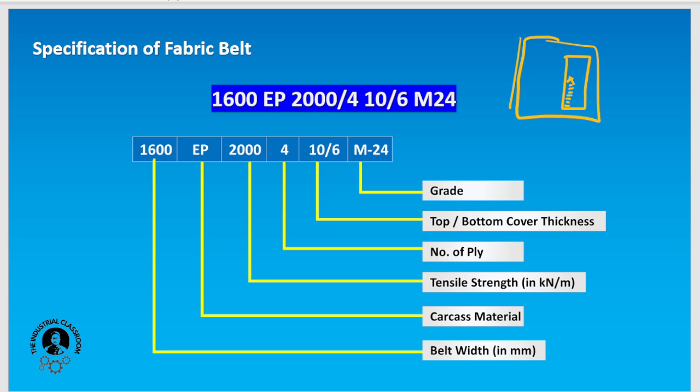Here we can see that the general specification looks similar to this. It consists of belt width, the type of the carcass present, the tensile strength, then the number of plies, then top cover, bottom cover, and the grade.